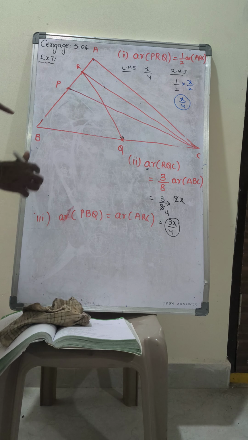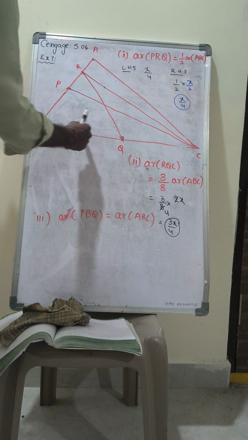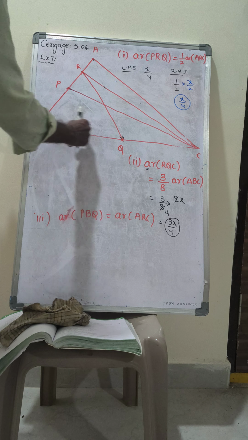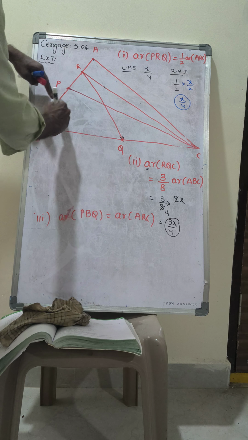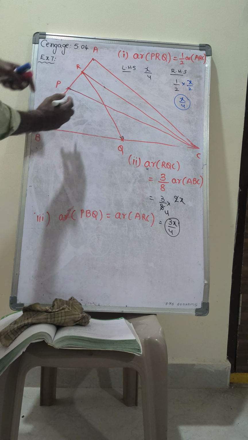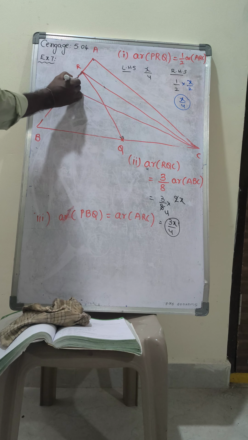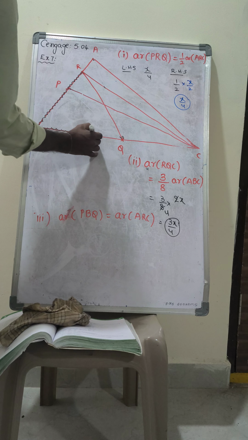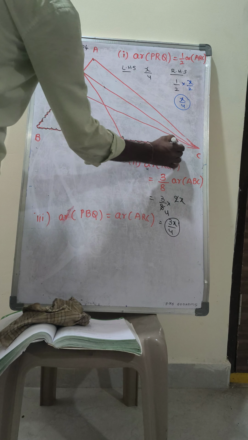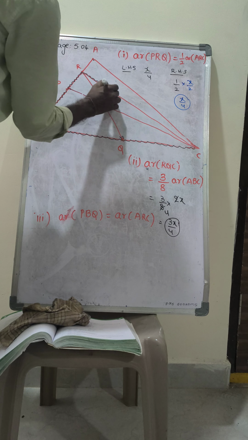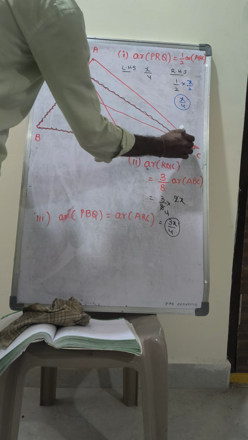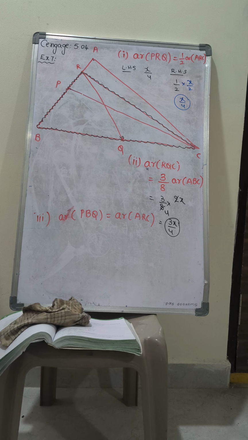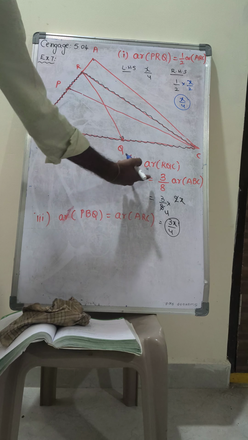Now, how to get RQC? Let's take the complete BRC, and from BRC, if I remove this part, BRQ part, okay, let me tell you the total thing. This is completely BRC, and now we want this one, RQC.